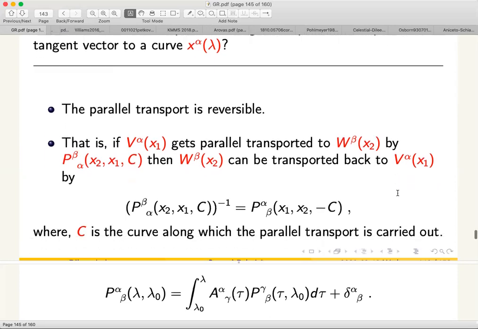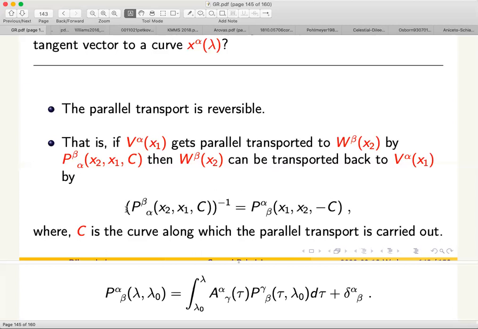The inverse of this propagator is the same propagator, but along the negative of the curve. That means you draw a curve from x1 to x2, and the negative of the curve is the same curve traced back from x2 to x1. That is what one means by minus c.